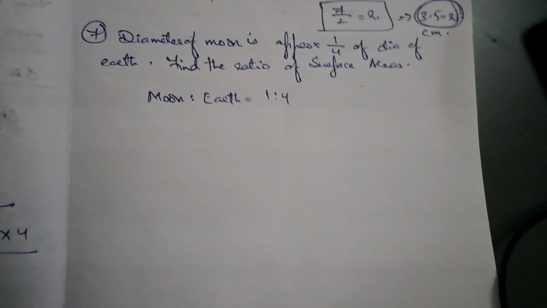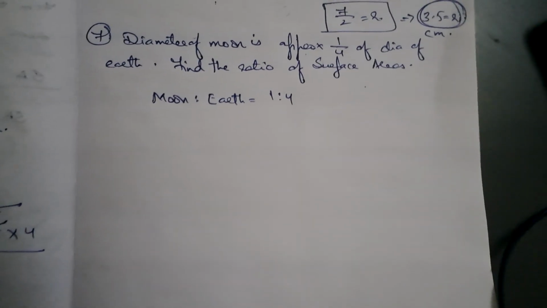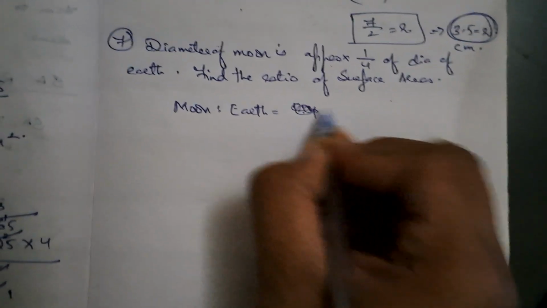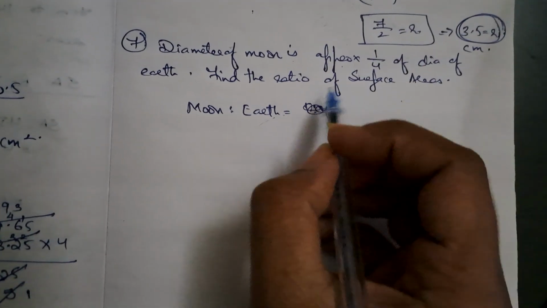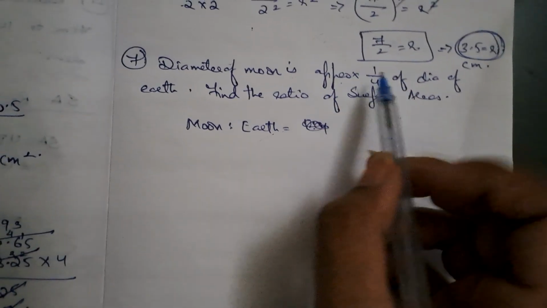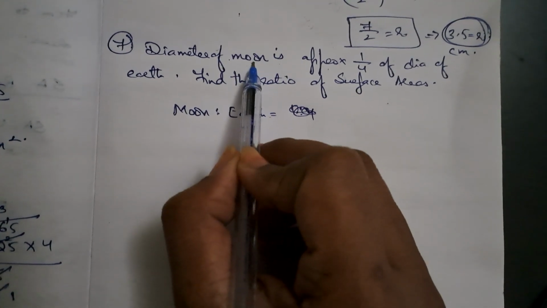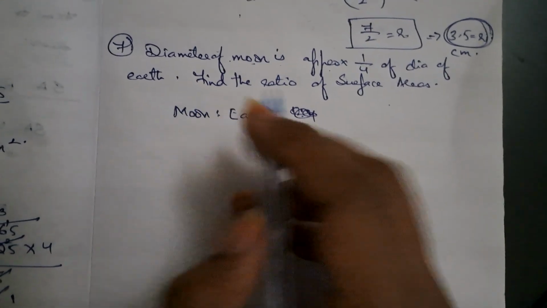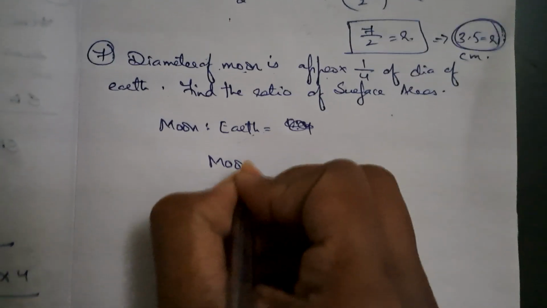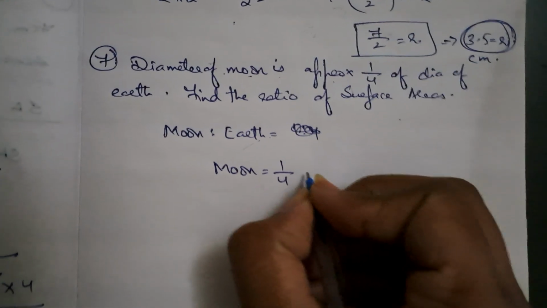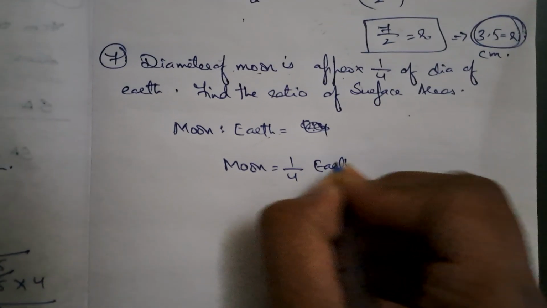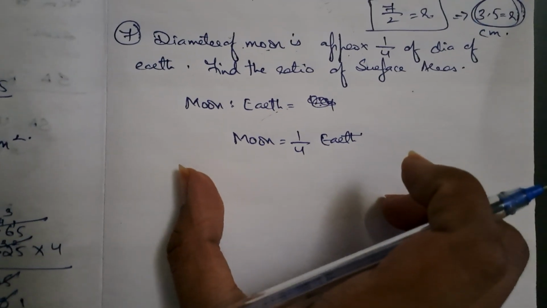Okay, so the diameter of moon is to earth, we need to find out the ratio of the surface areas. The moon's diameter is 1/4 of the diameter of the earth. So we don't know what the diameter actually is.